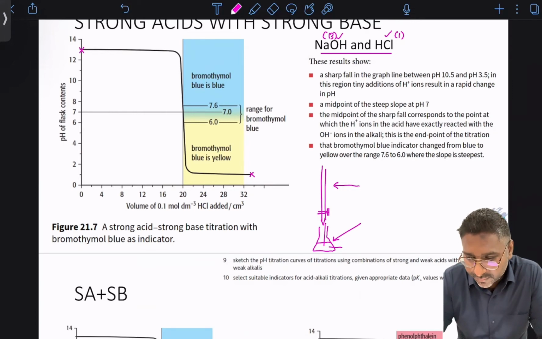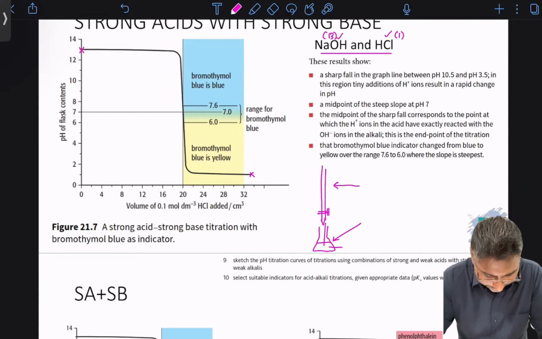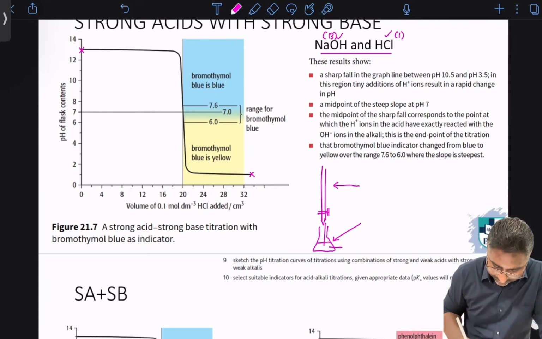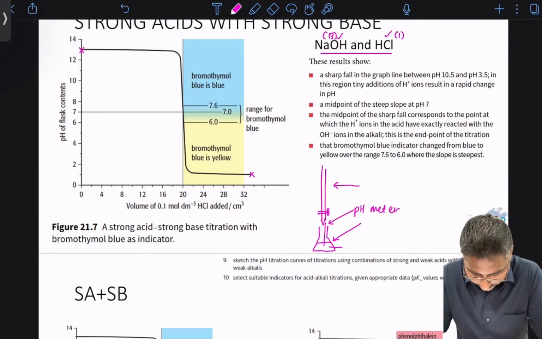Let's ask Adrian. Can you repeat? The question is, will sodium hydroxide be in the burette or in the conical flask based on this graph? This is the pH meter, which measures the pH. So, is sodium hydroxide in the burette or the conical flask?